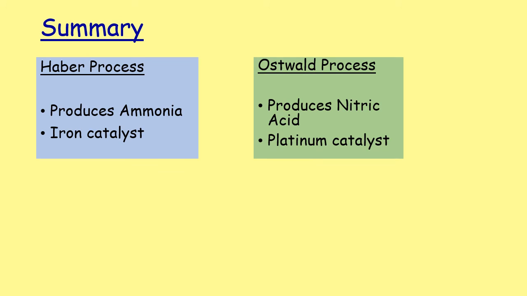So in summary, for making fertilizers, we have firstly the Haber process, which produces ammonia. The starting materials are nitrogen and hydrogen, and it uses an iron catalyst. Secondly, we can turn that ammonia into nitric acid using the Ostwald process. In the Ostwald process, the product is nitric acid, the catalyst is platinum, and the starting materials are ammonia, water, and oxygen.